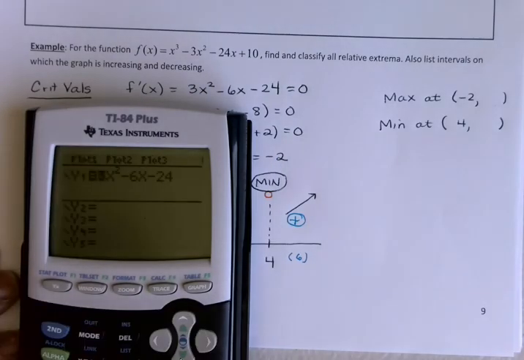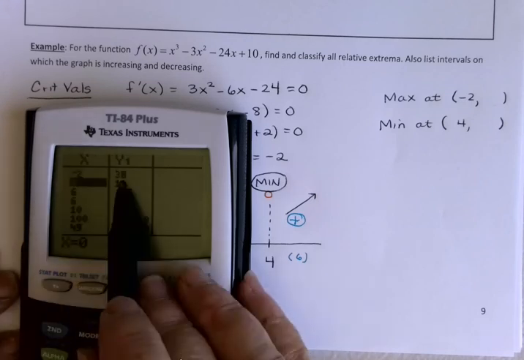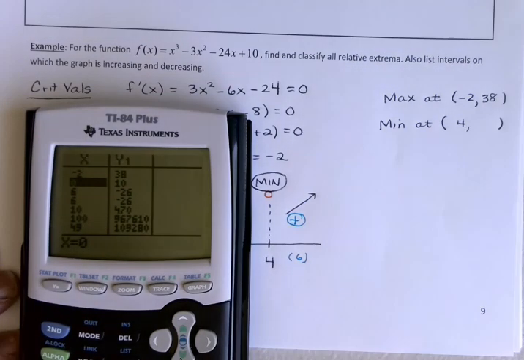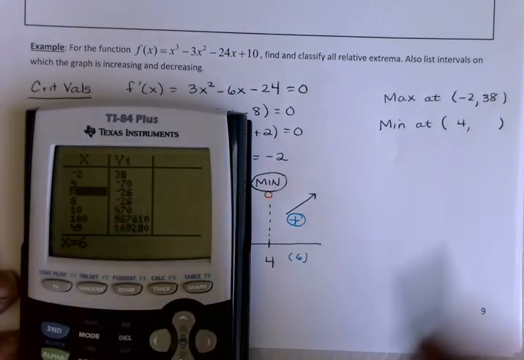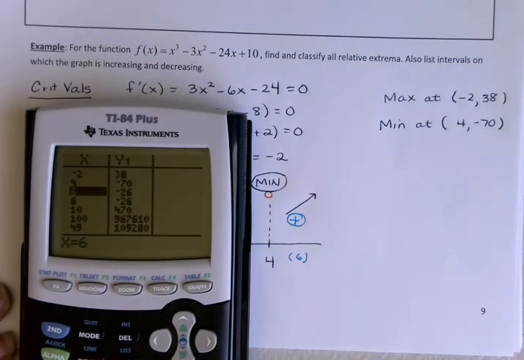I'm done with the derivative, so I could plug in my original function now. And at -2, the original y value was 38. And at 4, the original y value would have been -70. So I have one maximum and one minimum.